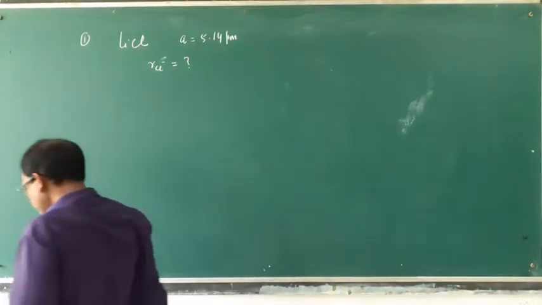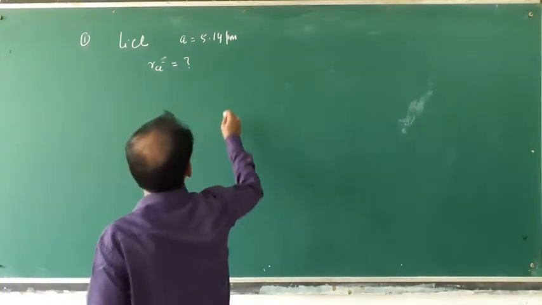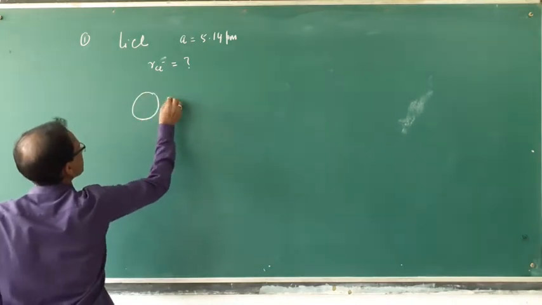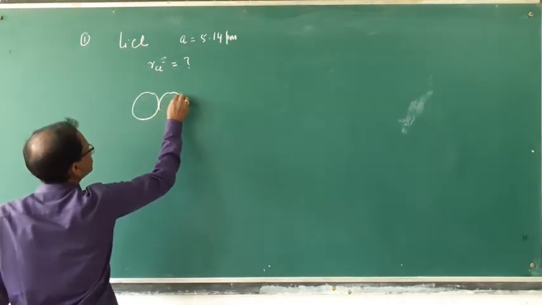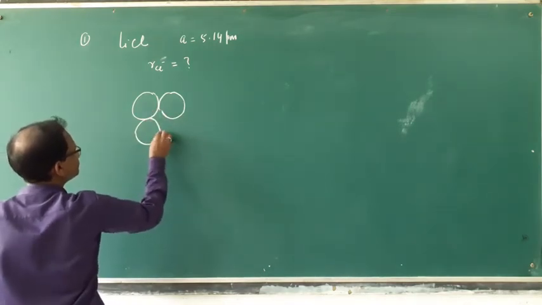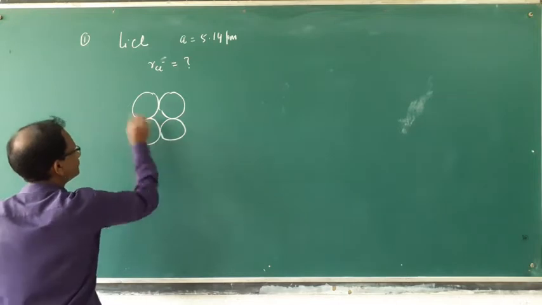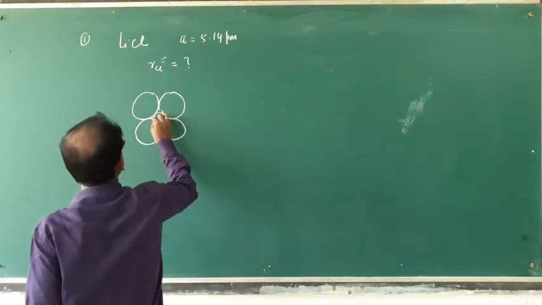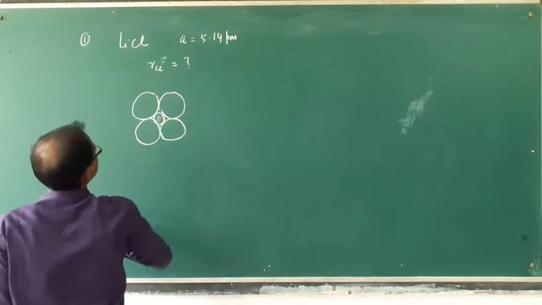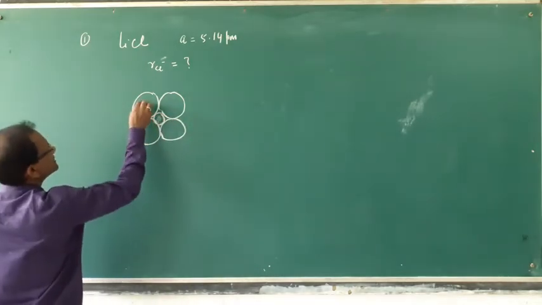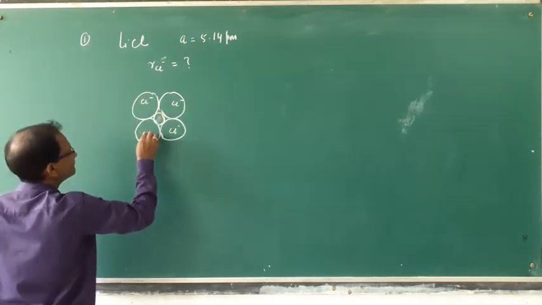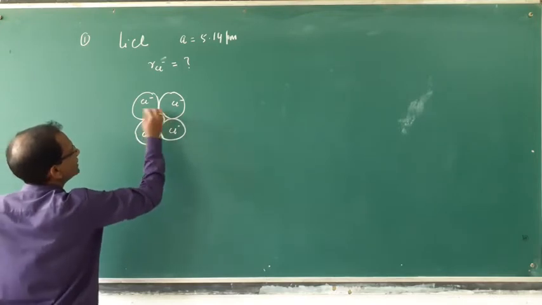Here we have to think. This is the structure of this, occupied by lithium ion. This is your lithium ion. This is your Cl minus ion. This is lithium ion.